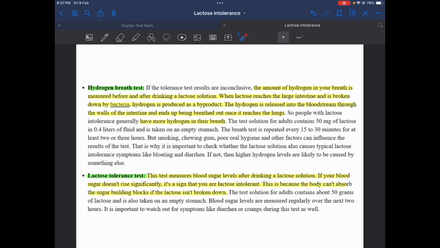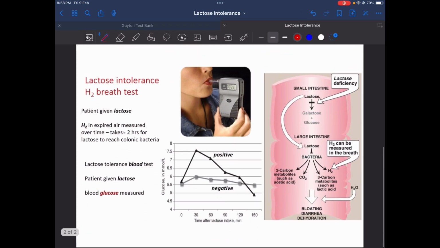This was the question that one of our colleagues asked, and I wanted to clear it up. The glucose levels will remain low, whereas a normal person who has the enzyme lactase, if administered lactose orally, will be able to break it down to glucose, and so their blood glucose levels will rise.